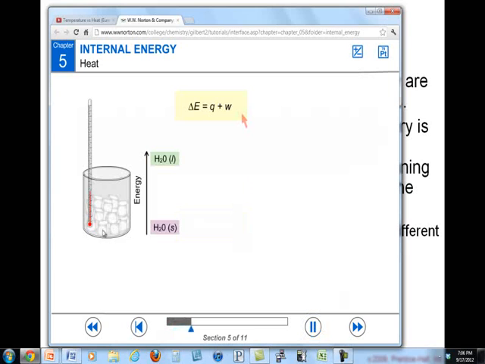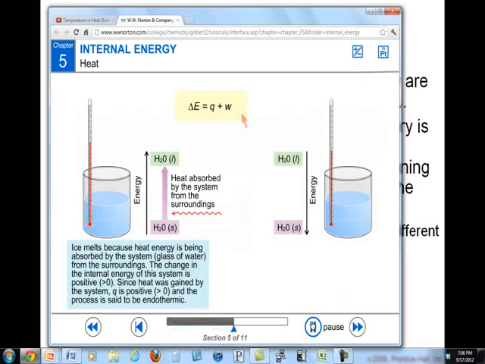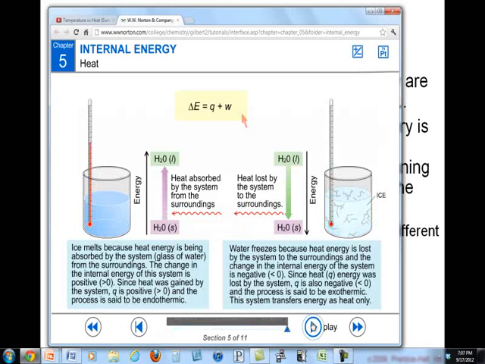So if I put a beaker of ice cubes out, the energy goes up. It's being absorbed by the system. The temperature is rising. Okay. Same amount of energy taken away, removed, will cause the opposite phase change to occur.